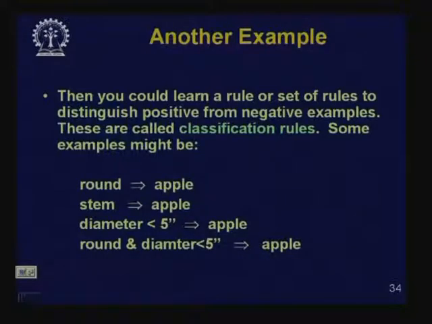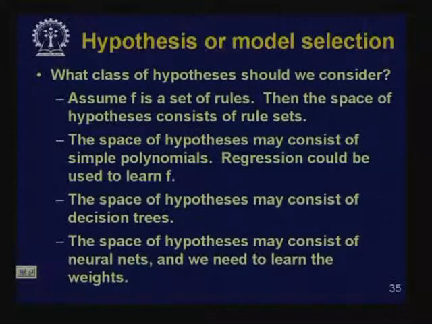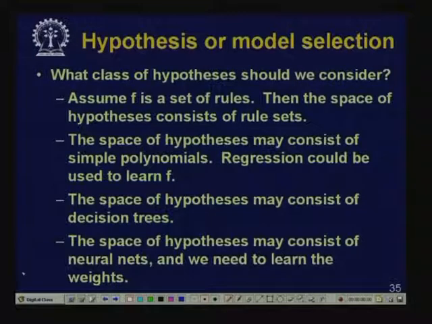So, we could decide a language in which to express the rules, and this defines the set of hypotheses that we are considering. Now, what type of hypothesis should we consider? Suppose F is a set of rules, then the space of hypothesis is all rule sets.